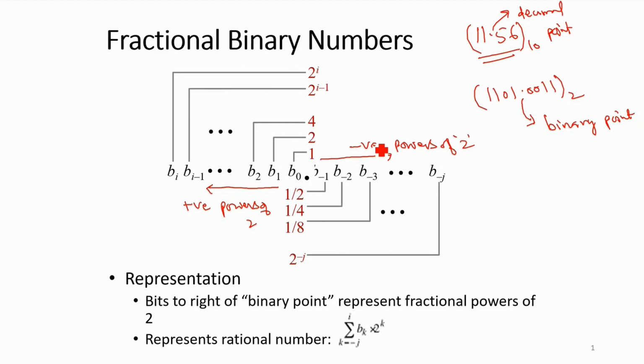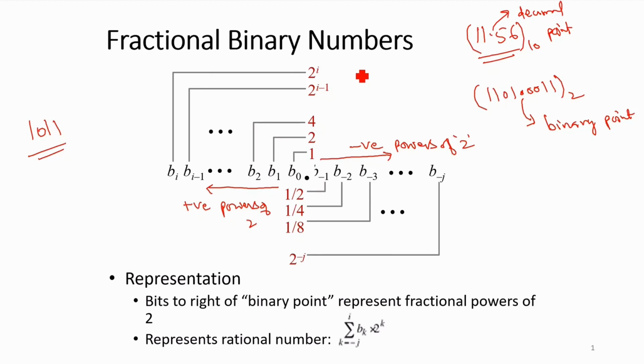Binary numbers we have seen directly, like 1101, is a binary number. But if we use the binary point, the number is called a fractional binary number. In this representation, we will see how we can represent fractional binary numbers with the floating concept.